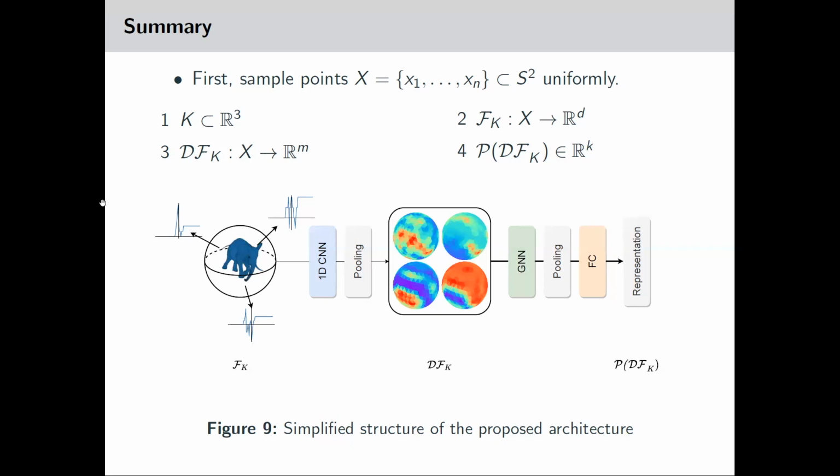And then we can use GCNs and at the end a pooling layer to construct this operator P. And this FC, that is the fully connected layer, is just for the visualization of an experiment. Actually, since we have already obtained the isometry invariance after these pooling layers, it is okay to add any kind of operator afterwards.